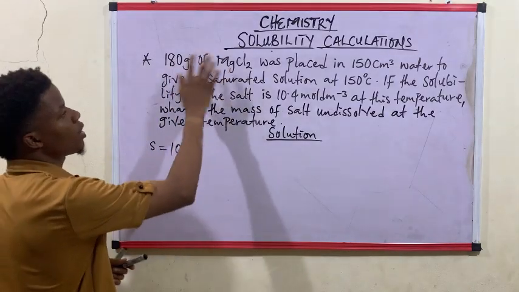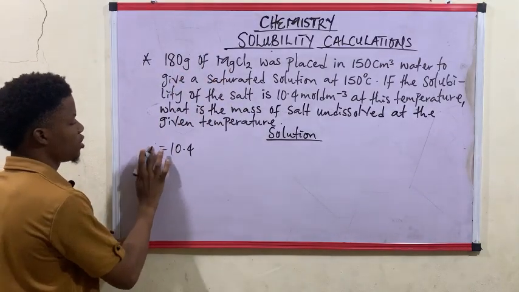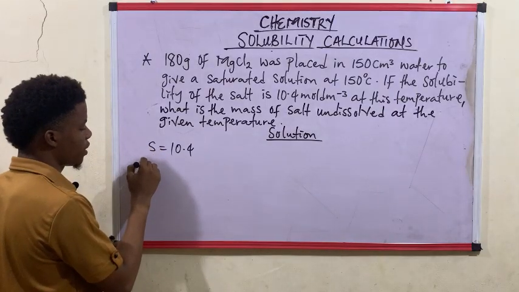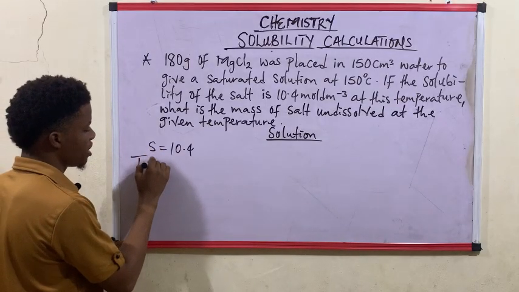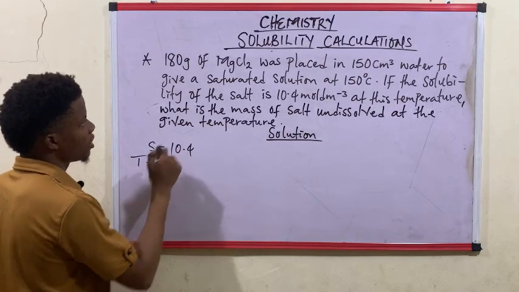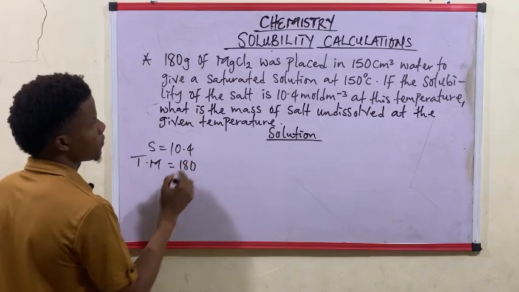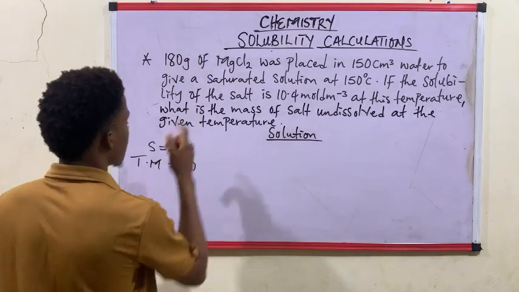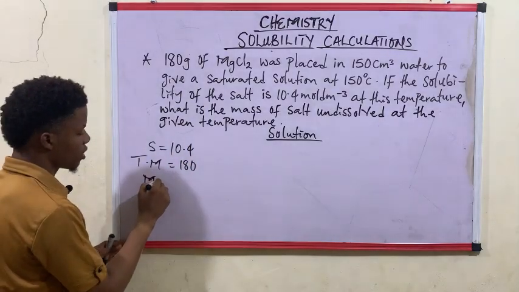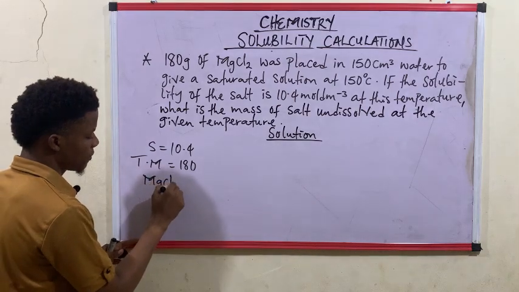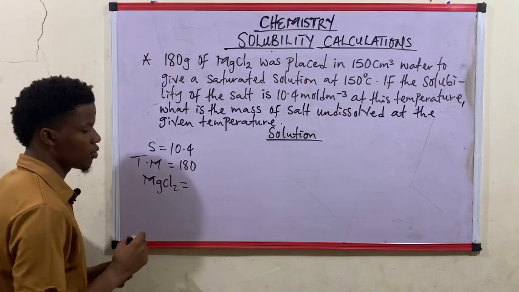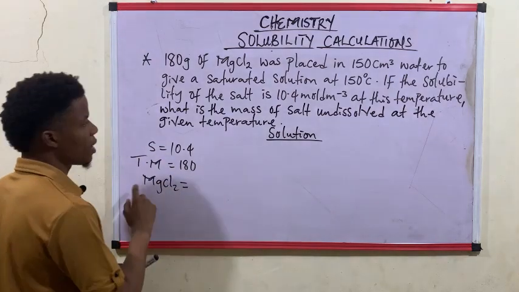So this is, I can call it, the total mass of the salt. Total mass, TM, that is 180. Okay, for magnesium chloride, we need to get the molecular mass.